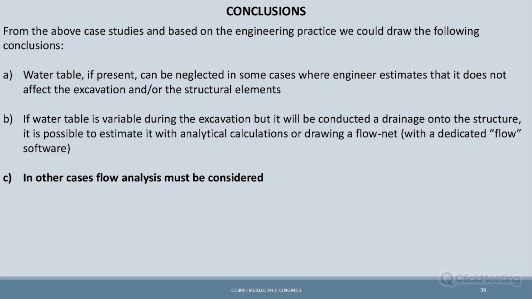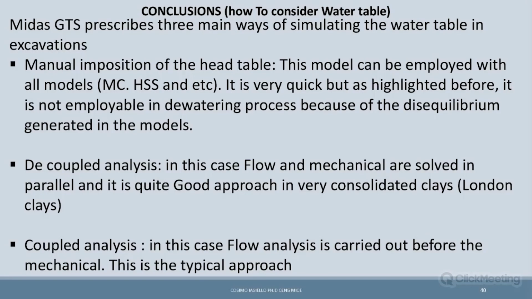In other cases, flow analysis must be considered. So now, MIDAS GTS prescribes three main ways of simulating the water table. The first is the manual imposition of the water table. This can be employed with old models, Mohr-Coulomb, in soil. It is very quick, but it is not improvable in the dewatering process, because if we change manually something that has to be done over time, we risk numerical problems.